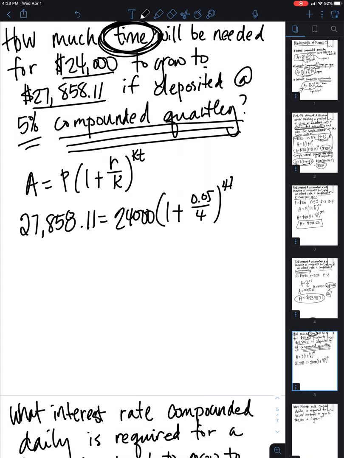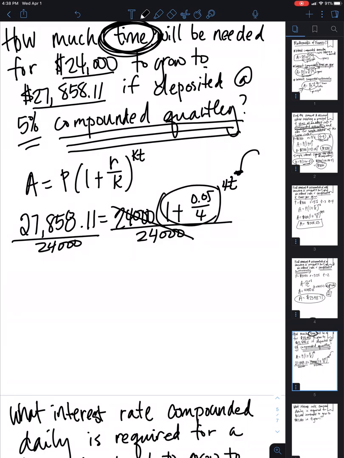So how much time? We're looking for T. Okay, so I'm going to divide this side by 24,000. So that goes away. I'm going to do the math in here, so let me get that number real quick.